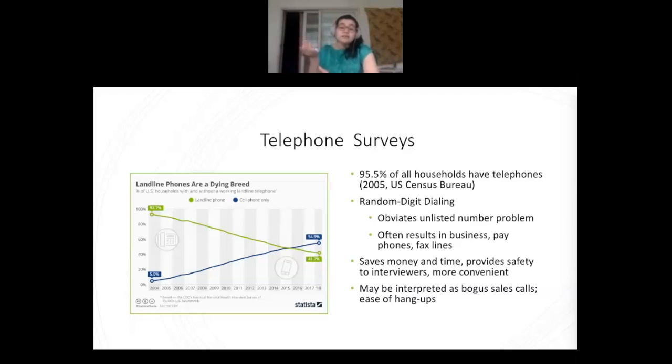But telephone surveys can be fast and relatively low cost. You can save money and time, and you get greater control over data collection. And you can get things conducted in different languages via the phone.